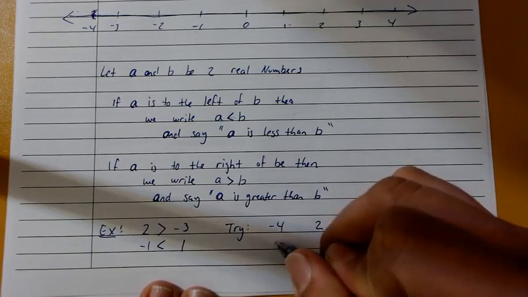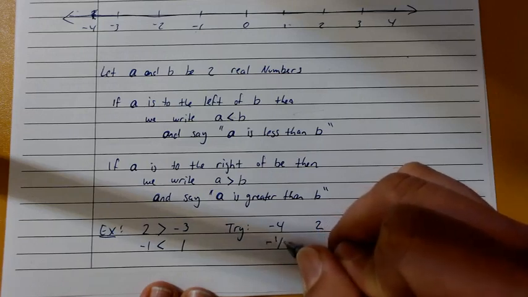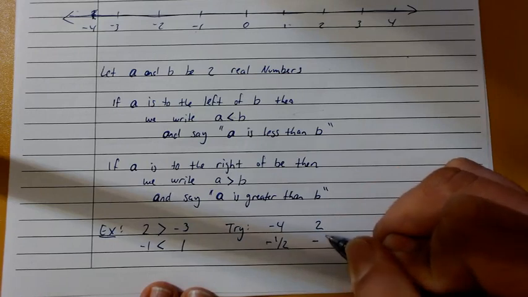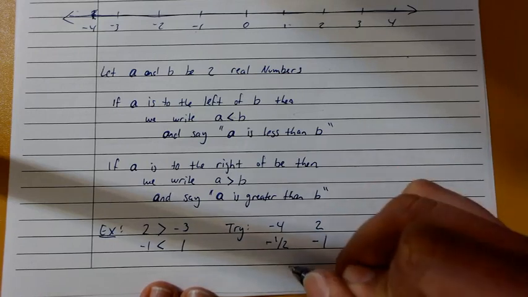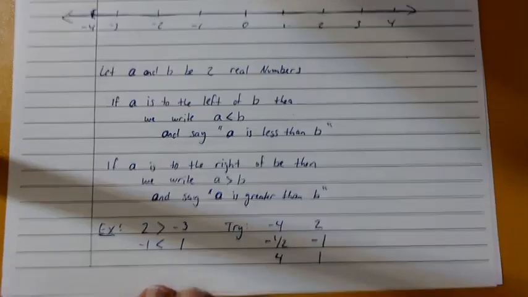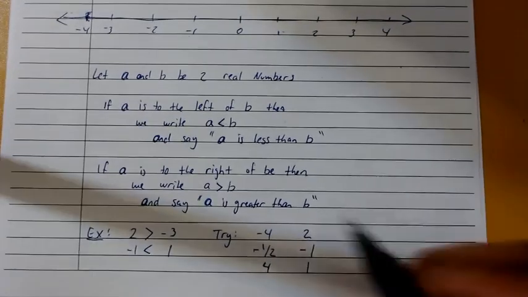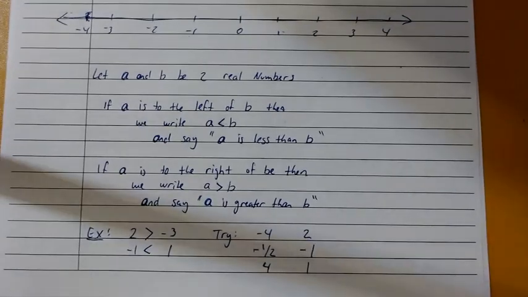Let's try -1/2 and -1. And let's try 4 and 1. Okay. Fill in the appropriate symbols. Go ahead and pause if you need to. And once you have the correct symbols, go ahead and unpause and we'll confirm it together.